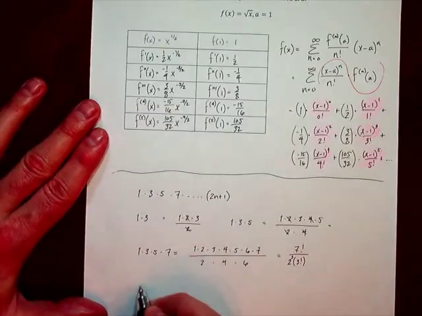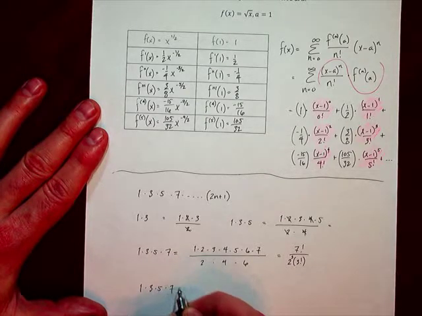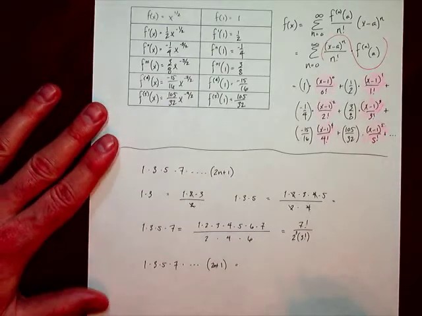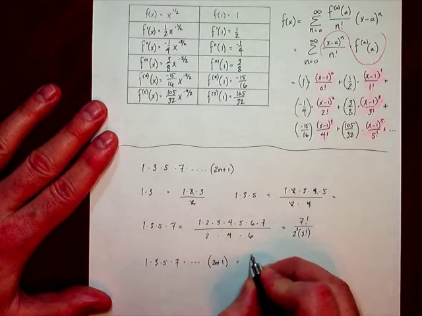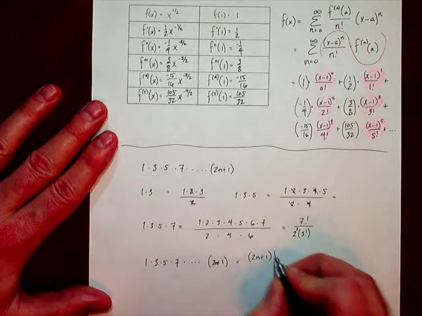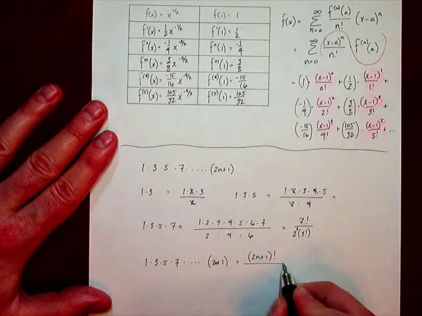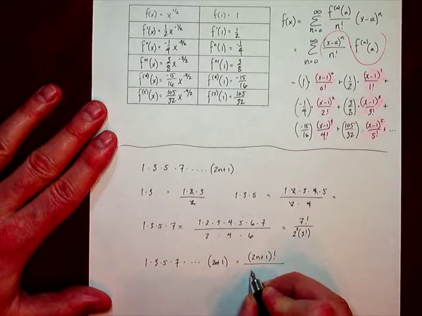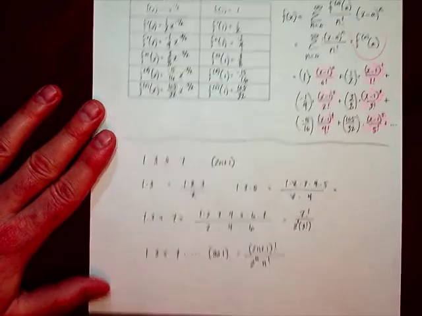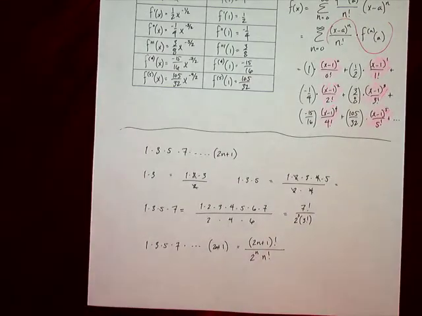So anytime you have 1 times 3 times 5 times 7 times dot, dot, dot, to 2n plus 1, that needs to be 2n plus 1 factorial over 2 to the n times n factorial. Now, here's the thing.